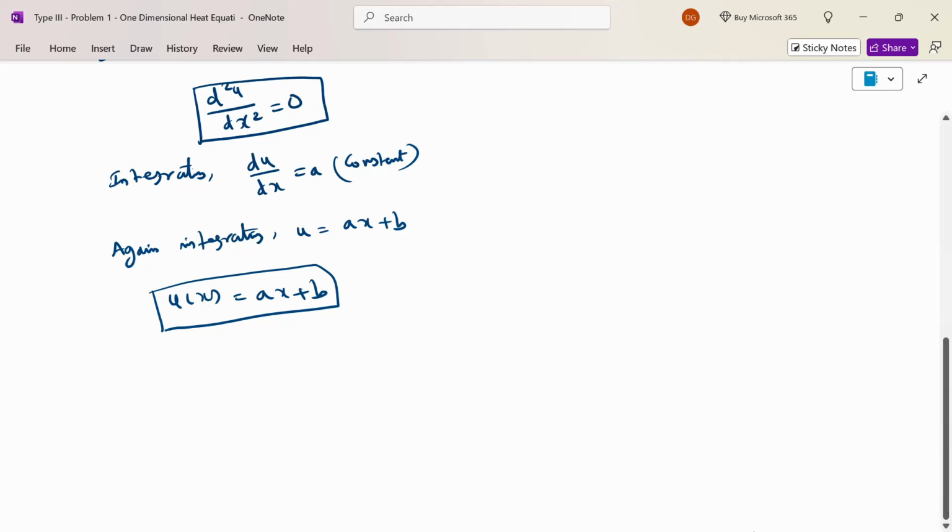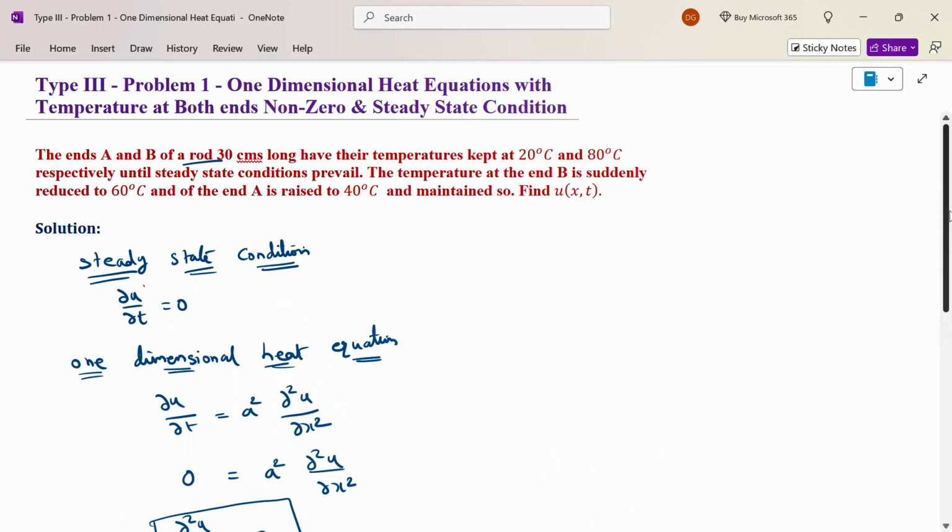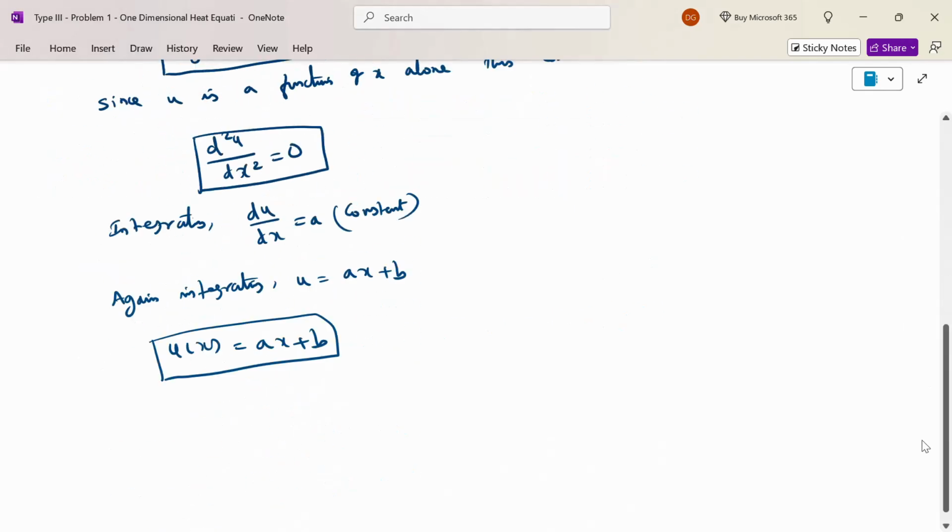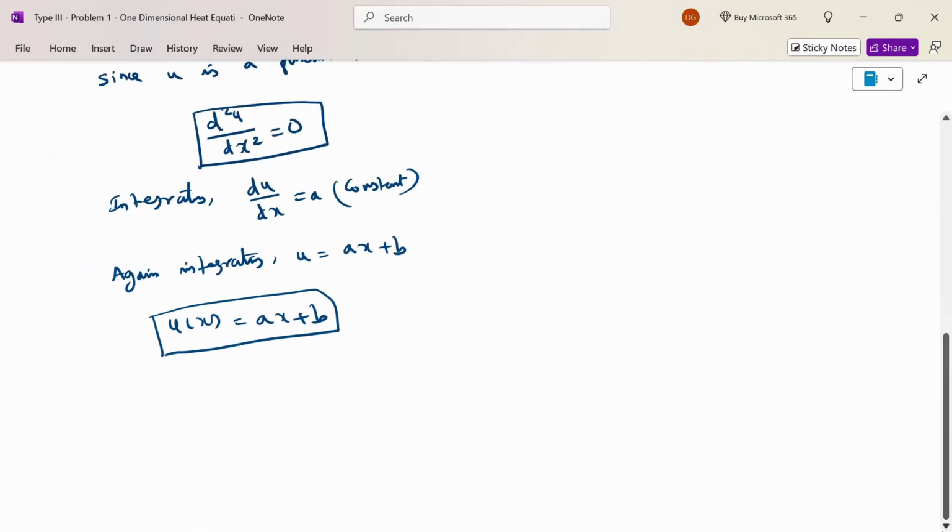Now see the problem. We consider a rod, with 20 degrees Celsius and 80 degrees Celsius at the ends until the steady state condition.